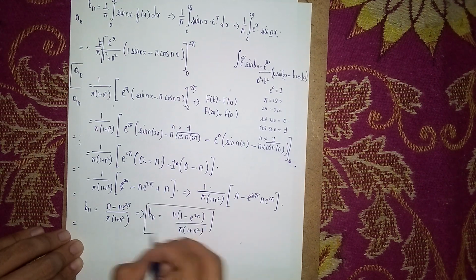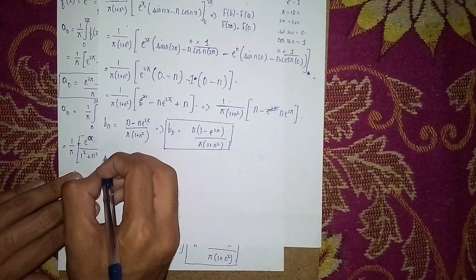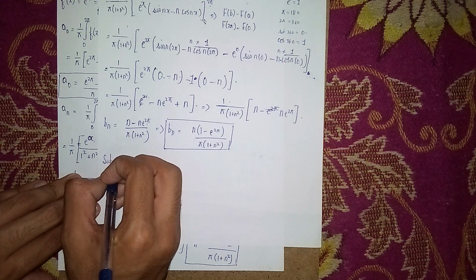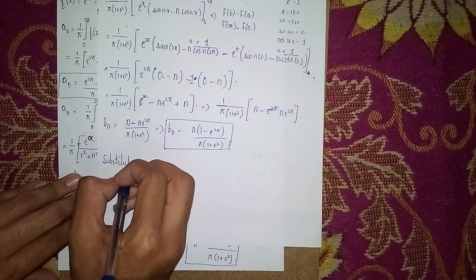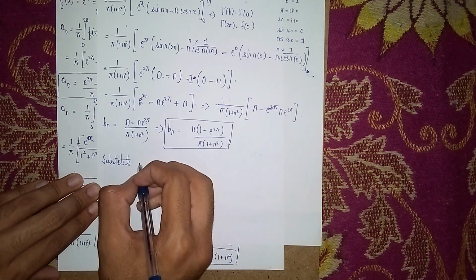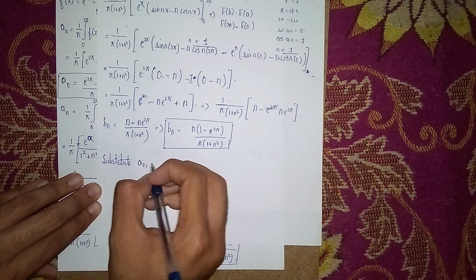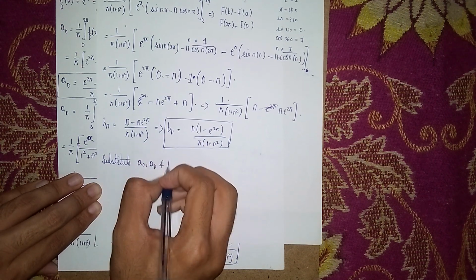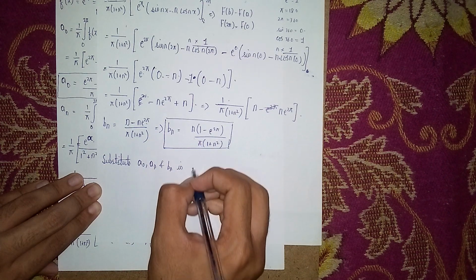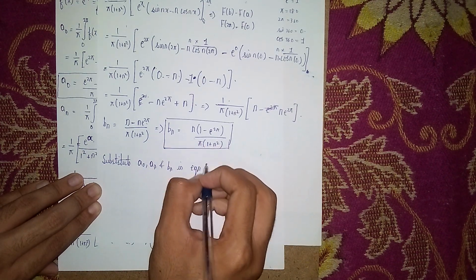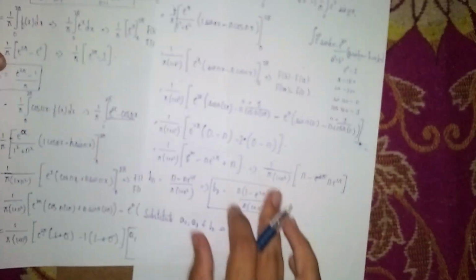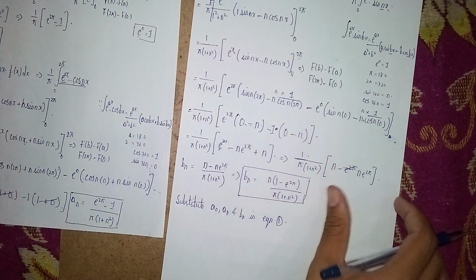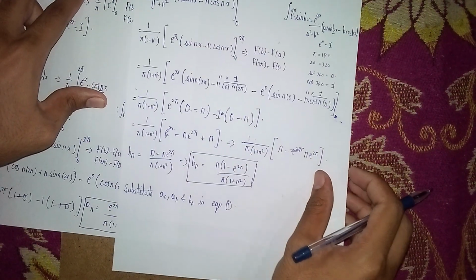Now you understand. Now write another statement. Which statement am I writing? Substitute a naught, an and bn in equation 1. What is equation 1? See, this is equation 1. Here you have to substitute.